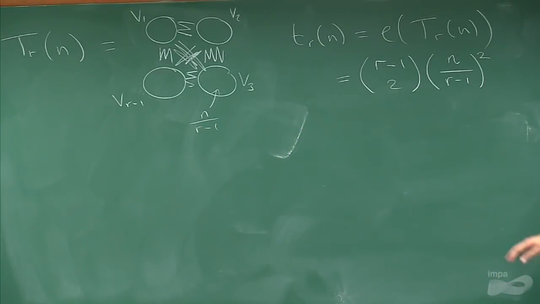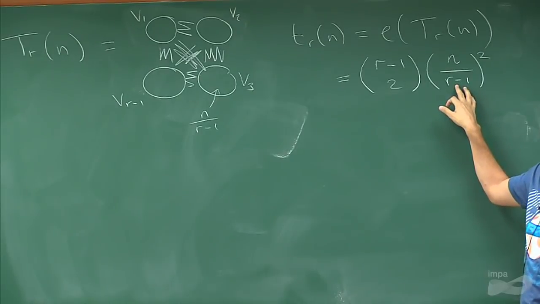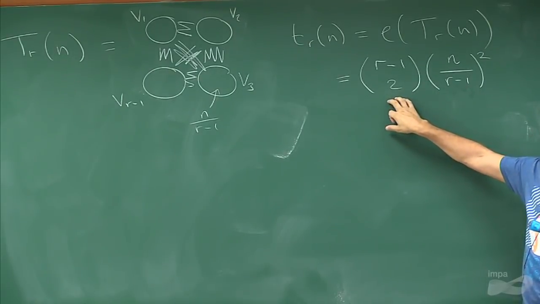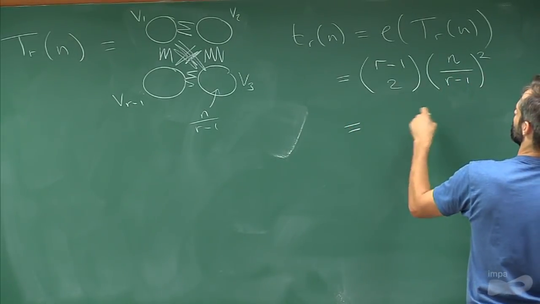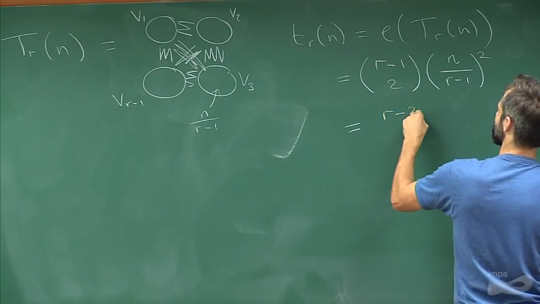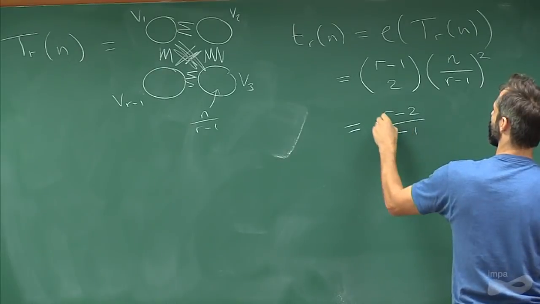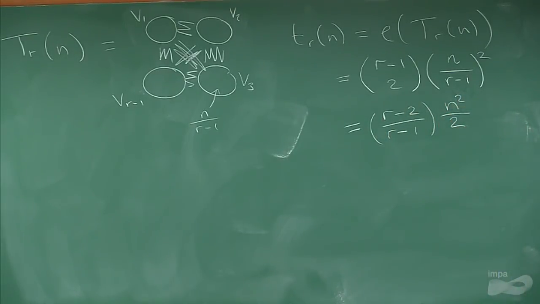So the number of edges is, you take a complete bipartite graph on each pair, n over r minus 1 squared, times r minus 1 choose 2, the number of pairs. What's that equal to? Well, r minus 1 cancels with one r minus 1, and you get r minus 2 over r minus 1 times n squared over 2, which is basically this.